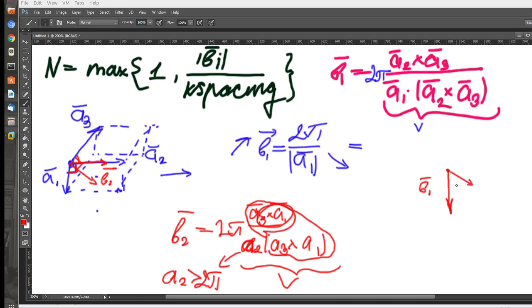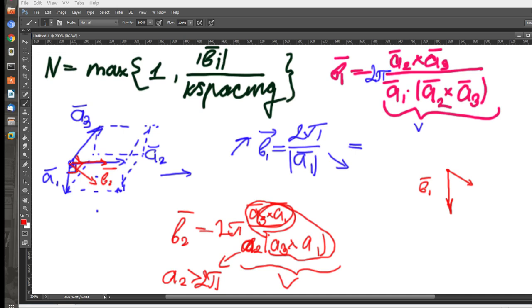Than a2. And a3, let a3 be equal to pi, so b3 will be equal to unity, and it is neither larger nor shorter, it is just equal with some coefficient.